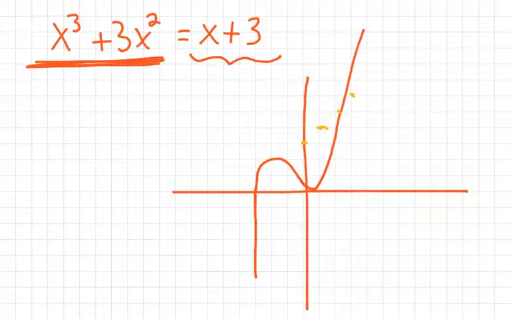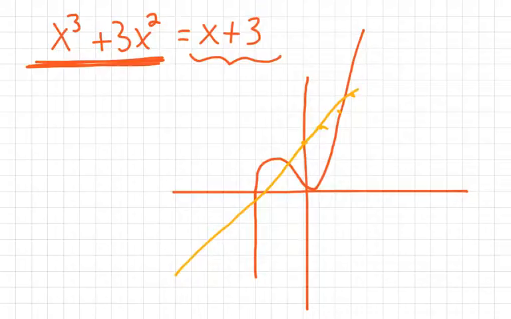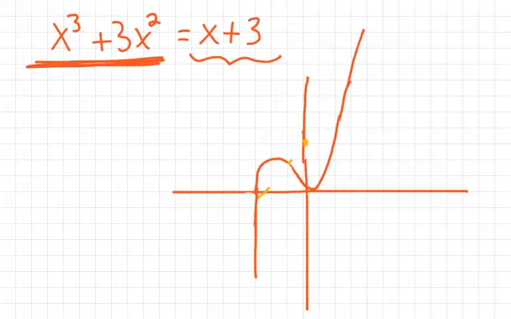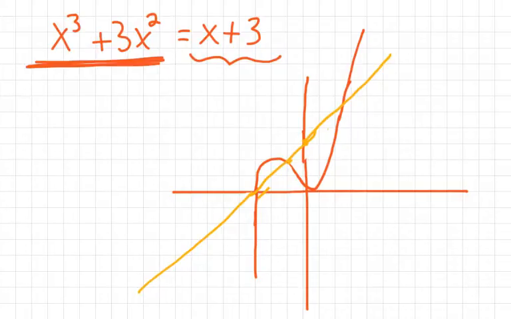Our slope is 1 here. Let me try that again. So we start at positive 3, and we're up 1 over 1 here. That's a little better. Okay, so here's what my graph looks like.